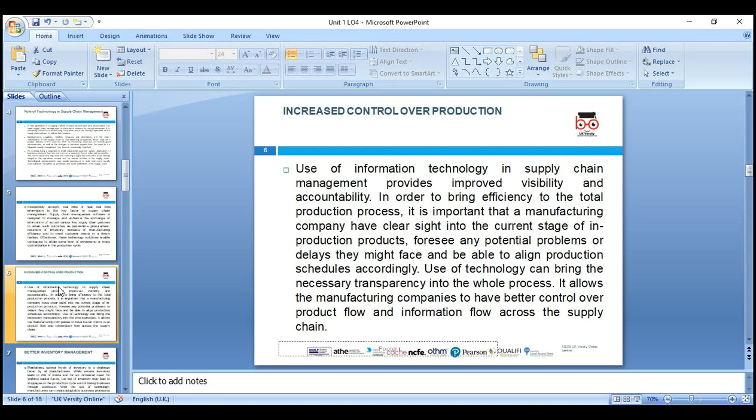Next we look at increased control over production. How can we do that? Technology can help increase our control over production. First thing, when we make any budget or any supply budget, we need to start with a sales forecast. If we have the sales forecast right, our trend analysis right, then from the sales forecast we can make the production budget.